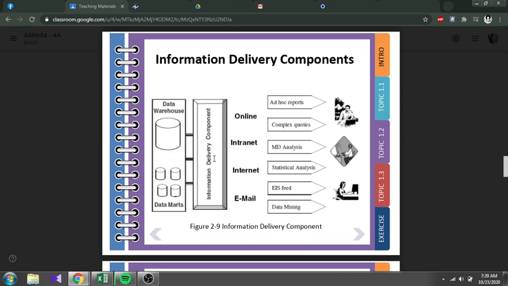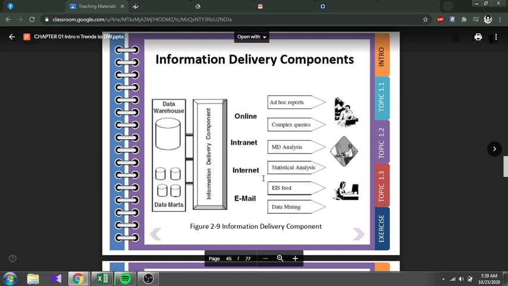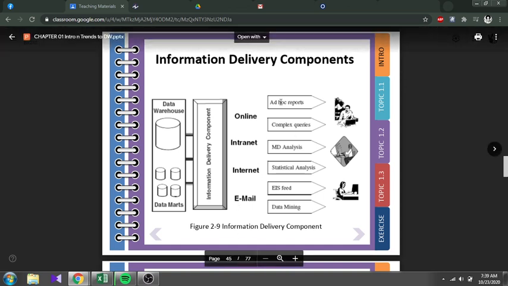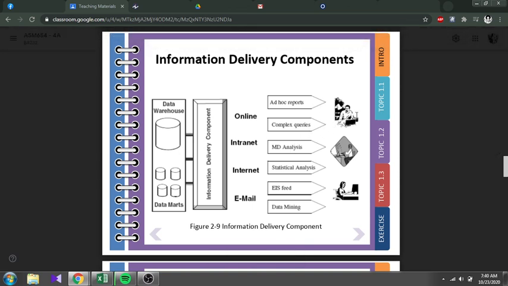From the data warehouse tu, the delivery component maybe online, maybe in the intranet in the company. External internet can be searched by the web on every location, and of course we email. Okay, ad hoc reports, complex queries, mostly done by these analysts in the company.